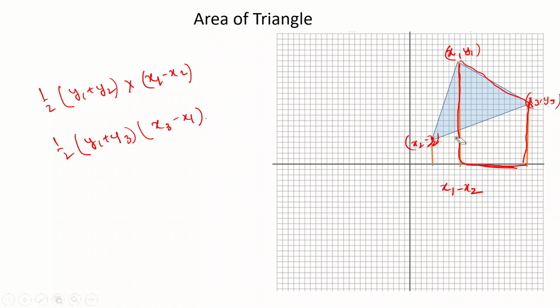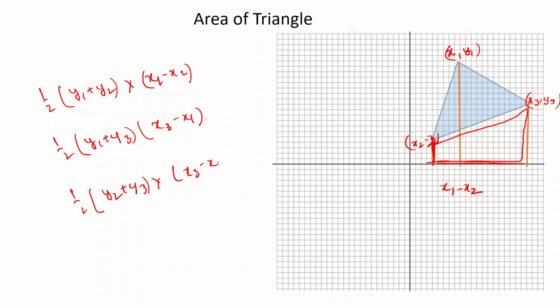Okay, so this trapezium has got this area, and there is one more trapezium. So this trapezium has the area equal to half times sum of the parallel sides, which is y2 plus y3, times the distance between them, which is x3 minus x2.